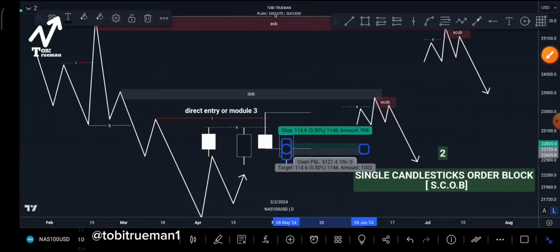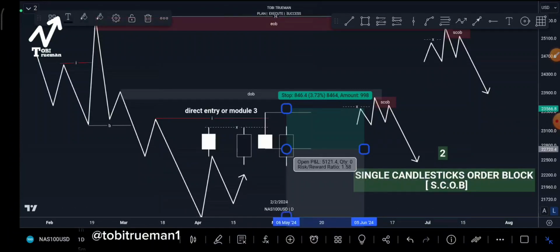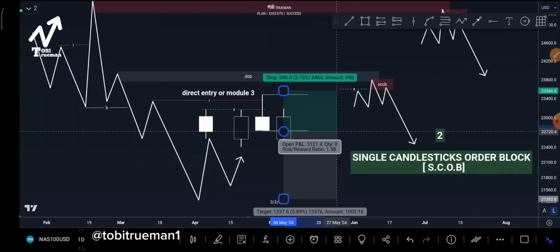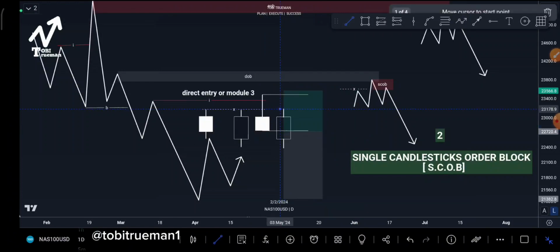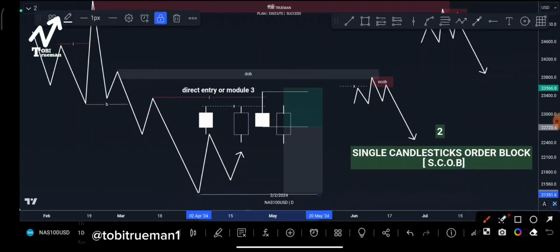If you see this type of market structure giving us this type of price action, we can place our entry point there and enter the trade directly. This is what we call a high probability trade. Why? Because 3 points of liquidity were taken: first point, second point, and third point.